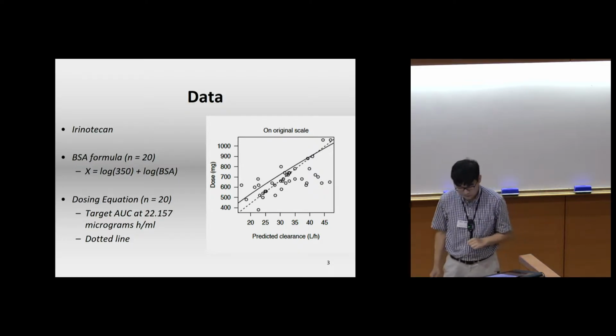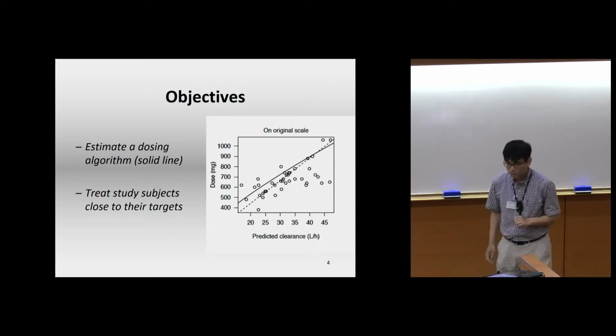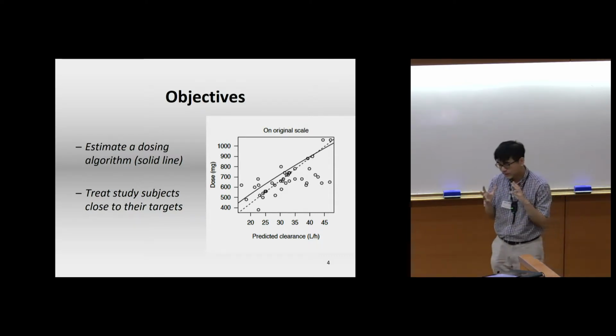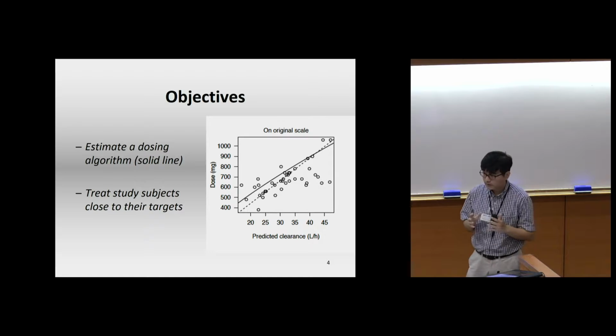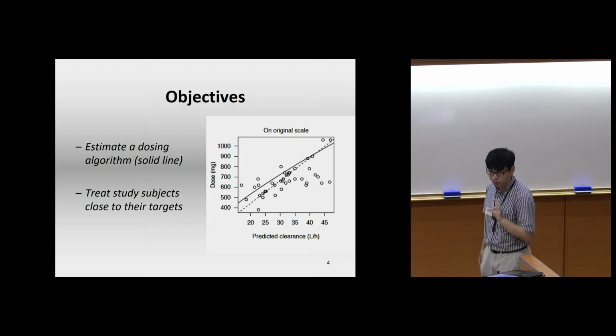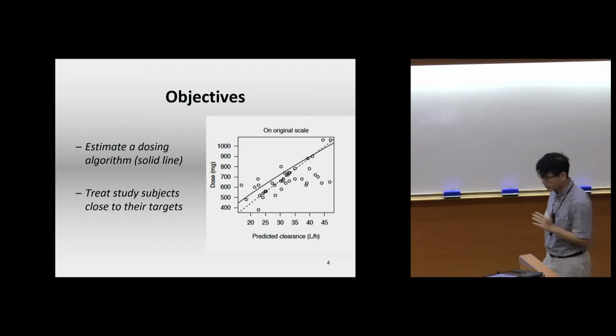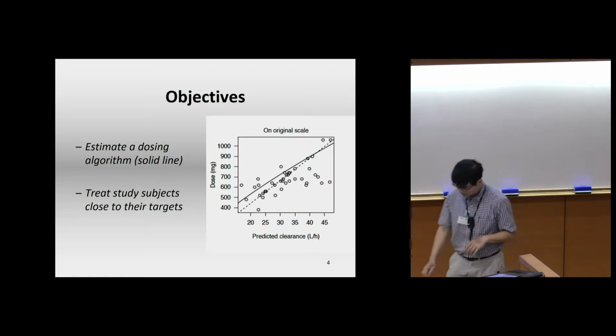This is the motivation for why we want to think about whether there is a better way to improve the dosing estimation. First, improve the estimation of the dosing equation, and also improve the dosing of study subjects within the study. These are the dual objectives usually seen in early phase trials. It's not only about estimation, but also about treating the patient well.